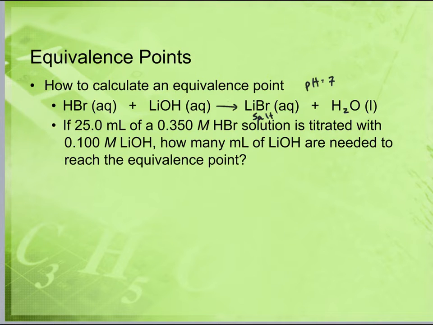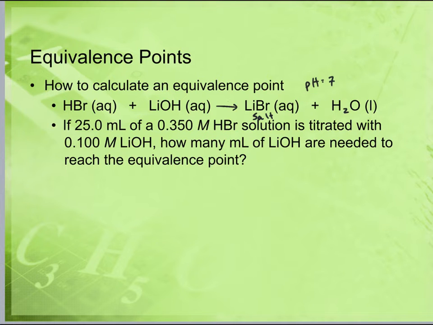It says if 25 milliliters of a 0.350 molar HBr solution is titrated with 0.100 molar LiOH, how many milliliters of LiOH are needed to reach the equivalence point? So I'll show you the stoichiometry way of doing this, and then I'll show you kind of the shortcut way of doing this. We want to know how much volume in LiOH do we need.